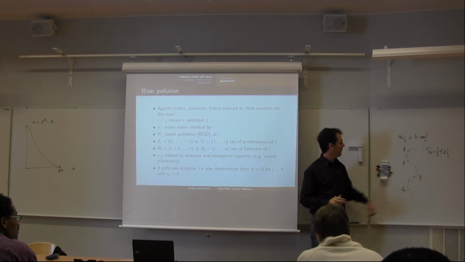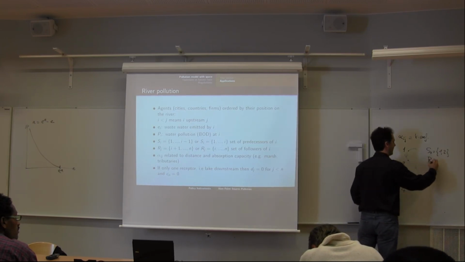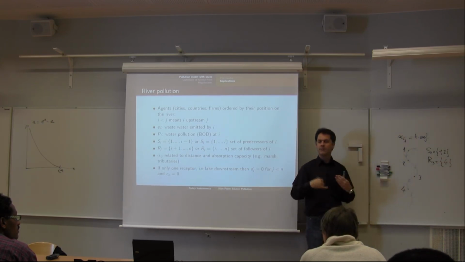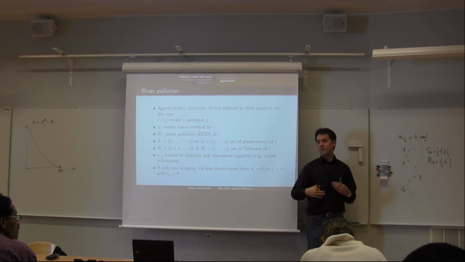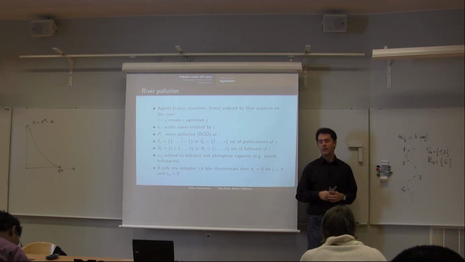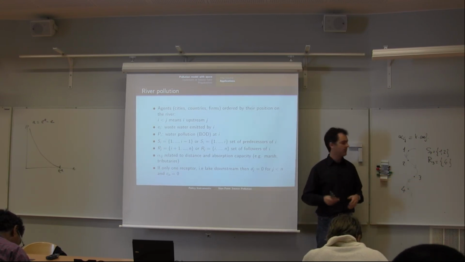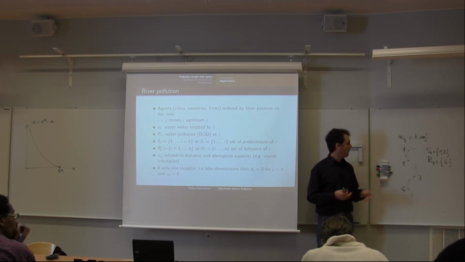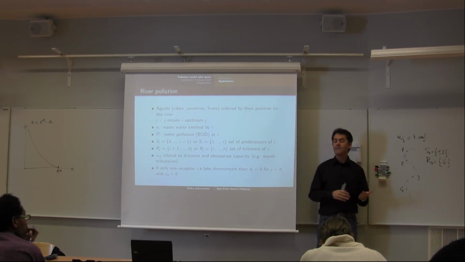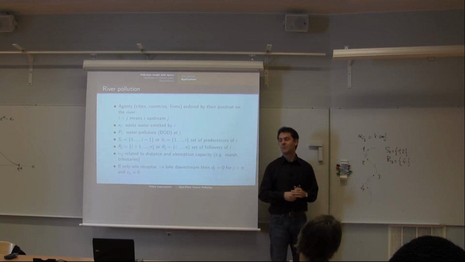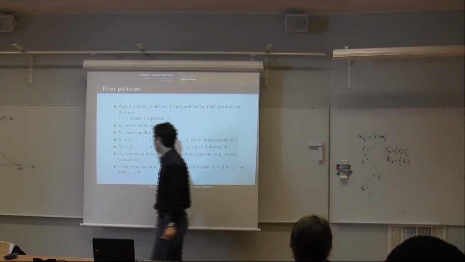And the receptor of pollution from 3 is, let's say, 4. It could also be 3, depending on whether 3 is polluting himself or herself or not. You think about 3 as a country or city. Could be that country 3 is also polluting itself, or it could be that the city is clever enough to discharge wastewater downstream of the border of the city, for instance, the municipality.